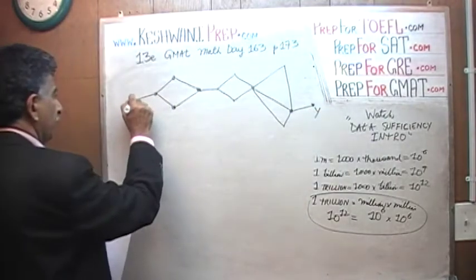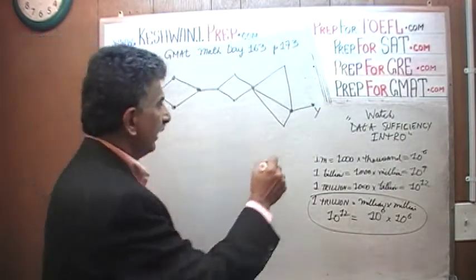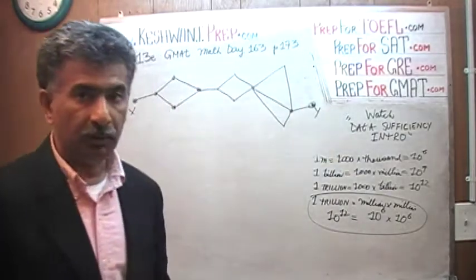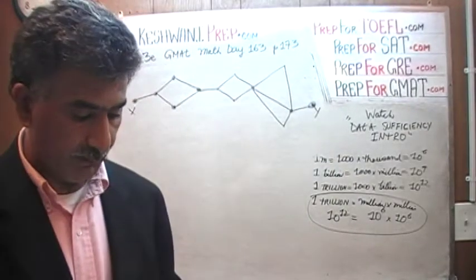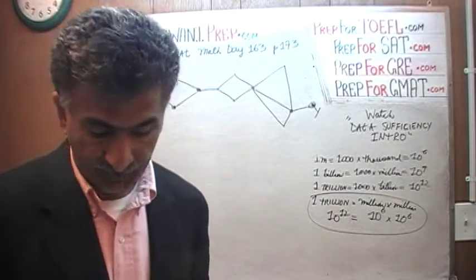So this is the starting point of the journey, which is x. This is the ending point of the journey, and we are told that the poor mouse has to go from x to y, and the question simply is, how many different paths can he take?